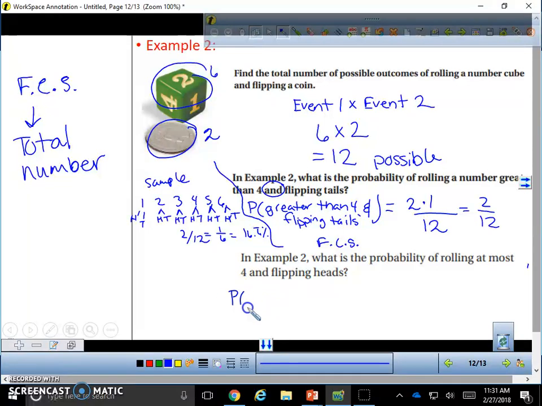So probability of rolling at most a 4 and flipping heads. So we have 2 events. Event 1, rolling at most a 4, happens 1, 2, 3, 4 ways.